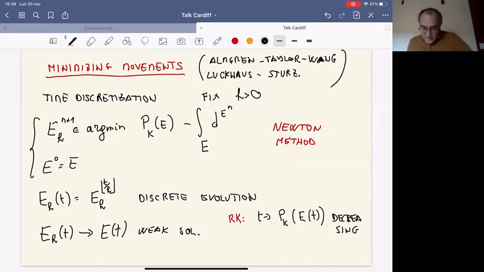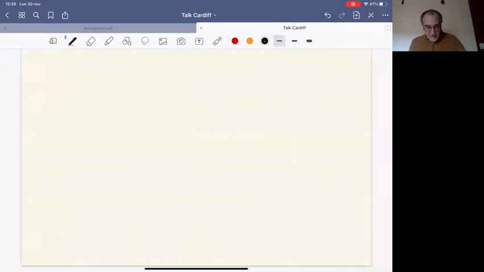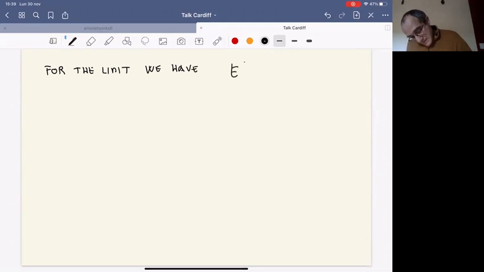Okay, so a general result, which is known in this case, is that for the limit E_h, it's always contained between the maximal and the minimal viscosity solution.